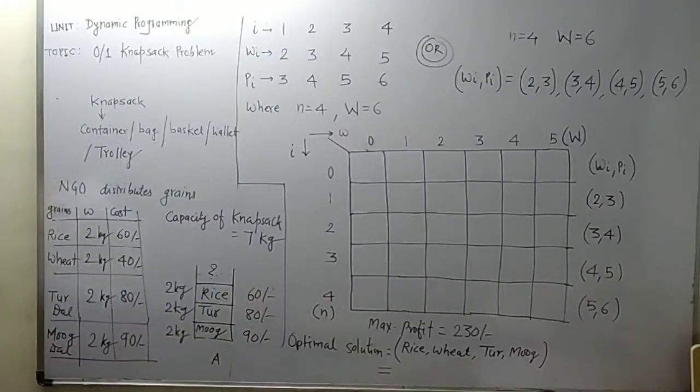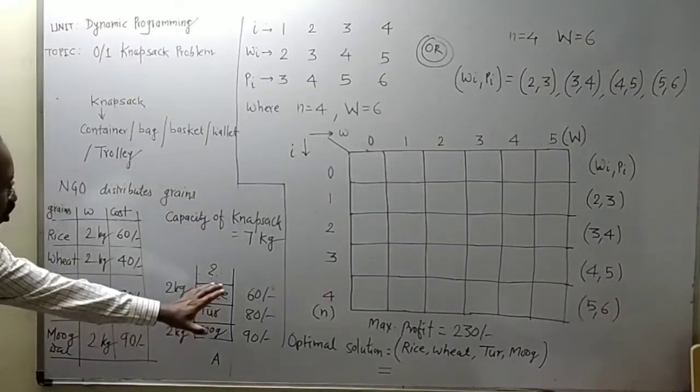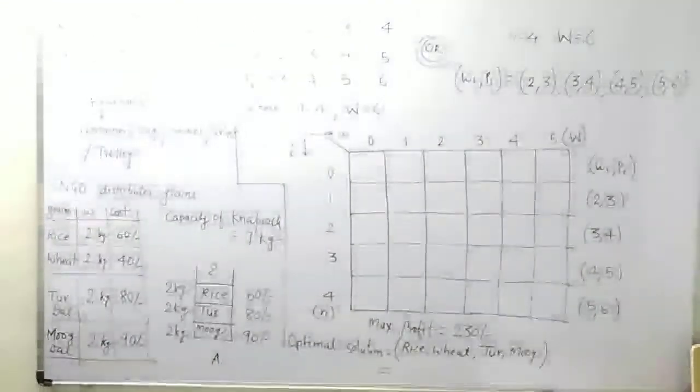It means that the grains having higher cost are the ones the needy person can select for collection, right?